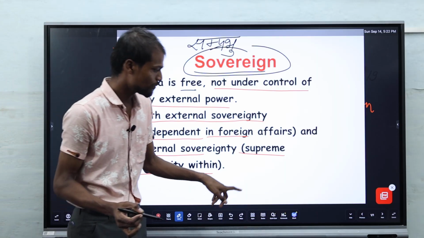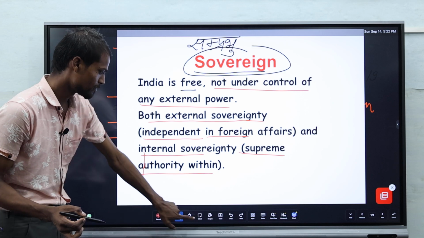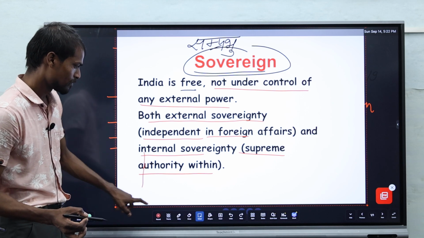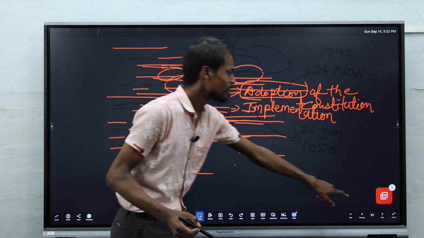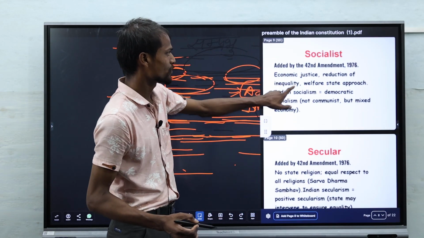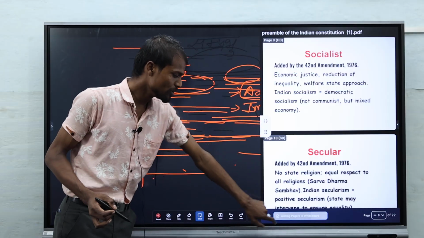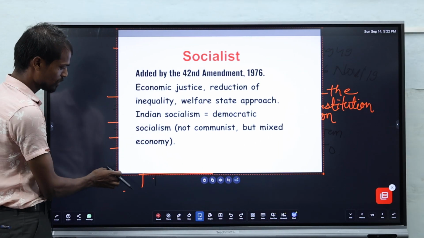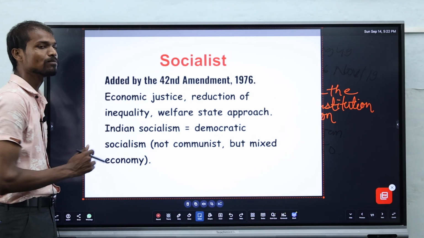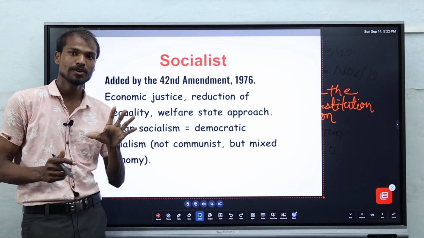Now after sovereign, the next term is socialist. In the original constitution, the word socialist was not included.